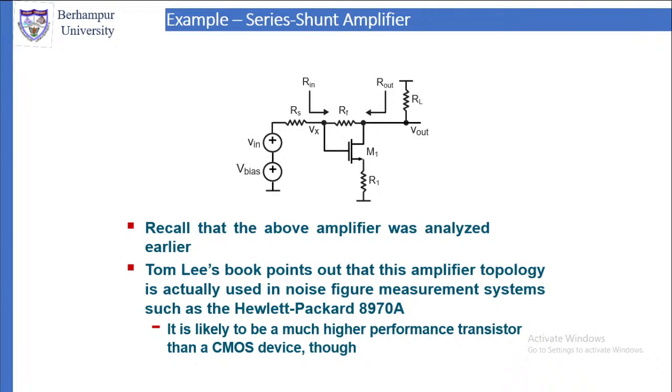What you can do is look at the book. The book points out that this amplifier configuration is actually used in noise figure measurement systems like the HP 8970A. HP, Hewlett Packard, is no more. Agilent is also no more. Now there is a new thing that has come up. So that gives you, it is likely to be a much higher performance transistor than the CMOS device.